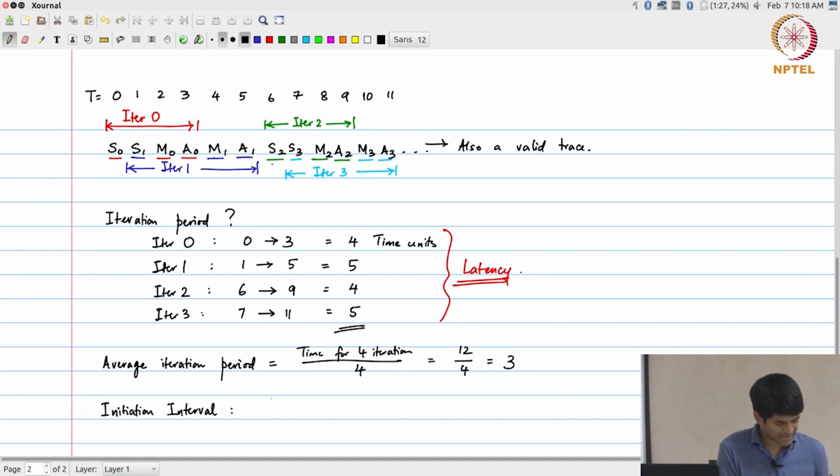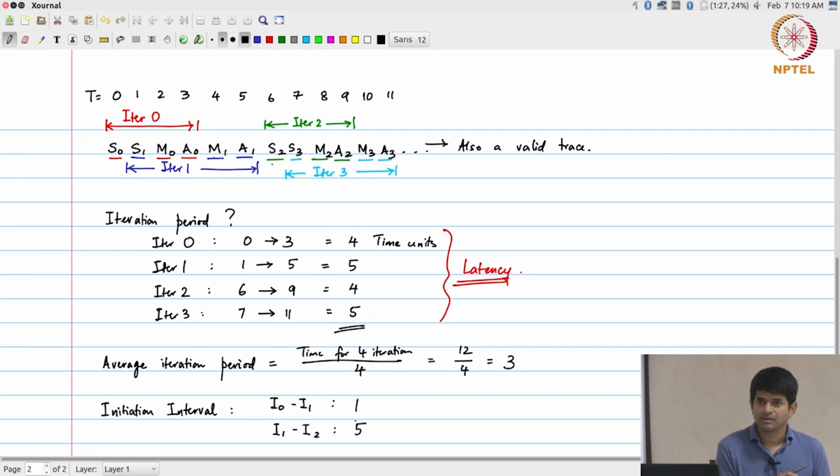So, from I0 to I1, what is the time? 1 clock cycle, 1 time unit. But what about I1 to I2? I1 started at 1, I2 starts at 6. So, this is 5 time units.